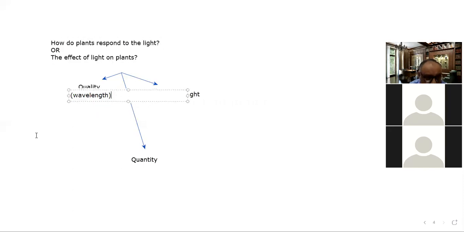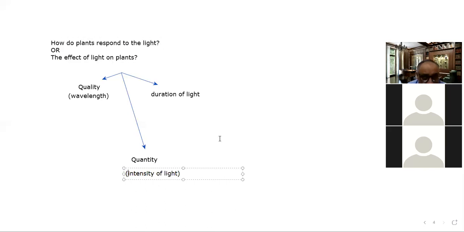As far as the quantity of light is concerned, it is known as the intensity of light, how much light comes. So this is the second point, intensity of light.